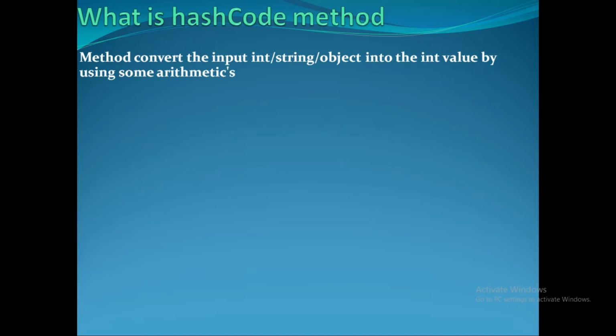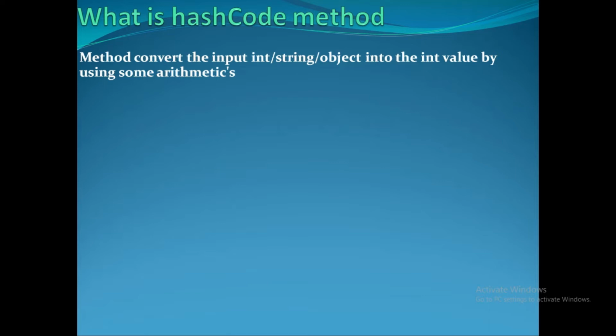It converts that integer, string or object into an int value by using some arithmetic. It uses some formula to convert our string, integer or object into one integer value, that is nothing but our hash value, and that method is called the hashCode method. So in our Object class we have the hashCode method.